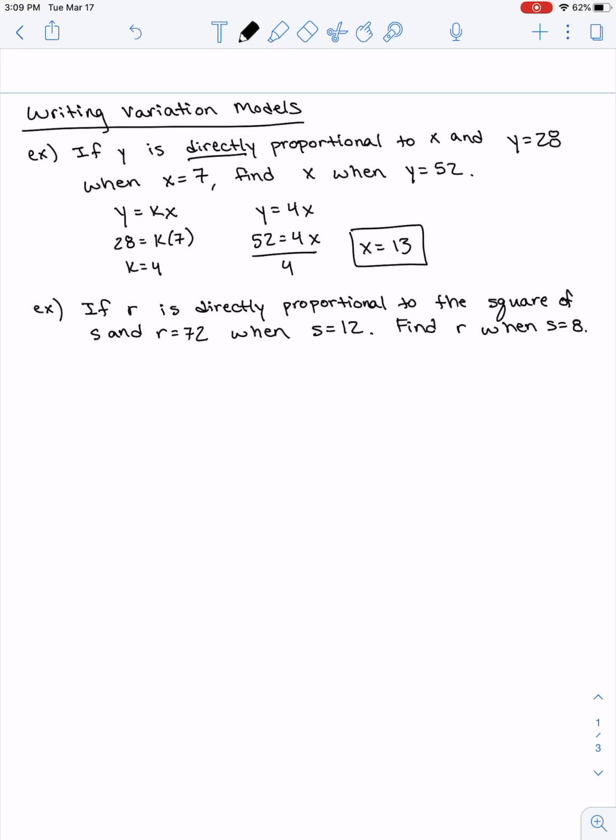Okay, so here we say r is directly proportional to the square of s.